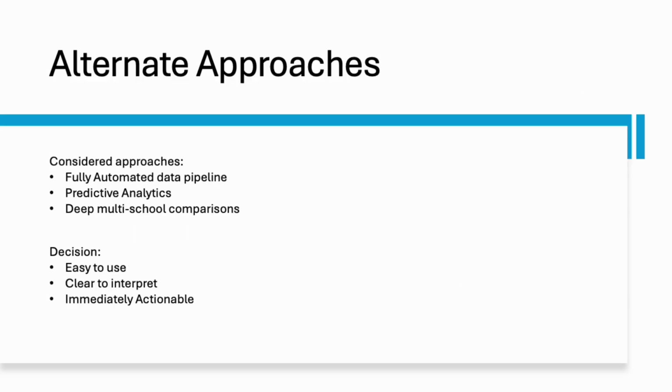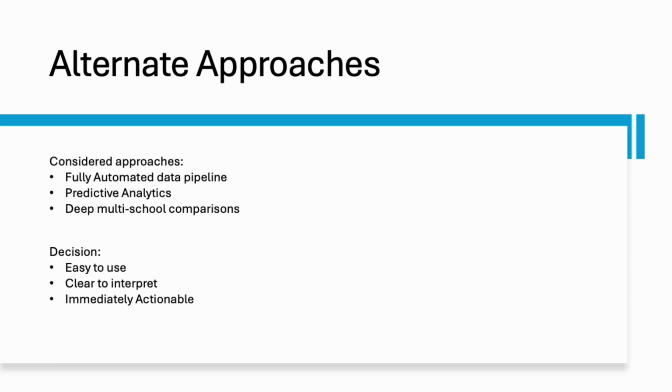Yeah, so before we go into the app, I want to address some alternate approaches. I did consider more advanced options like a fully automated data pipeline, and including predictive analytics, such as how students might perform based on what region they are in or how their academic performance is.